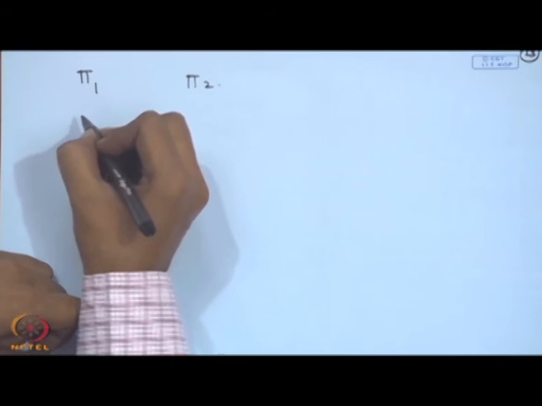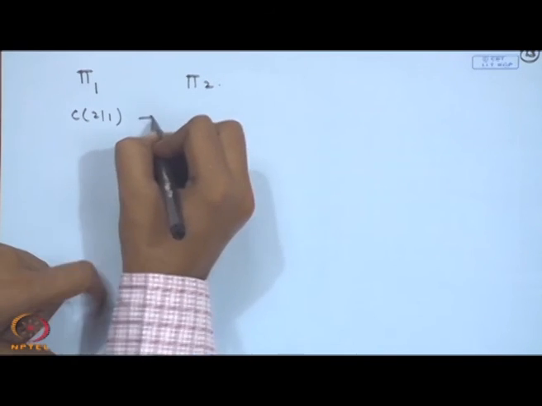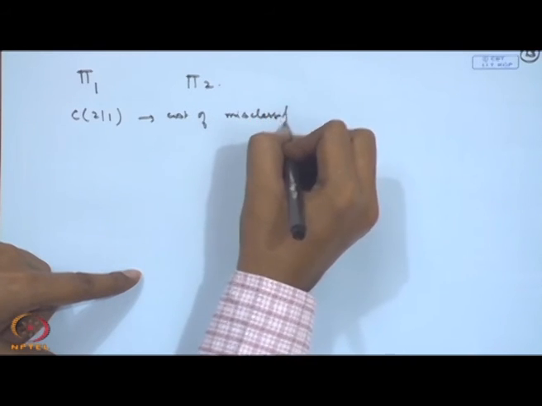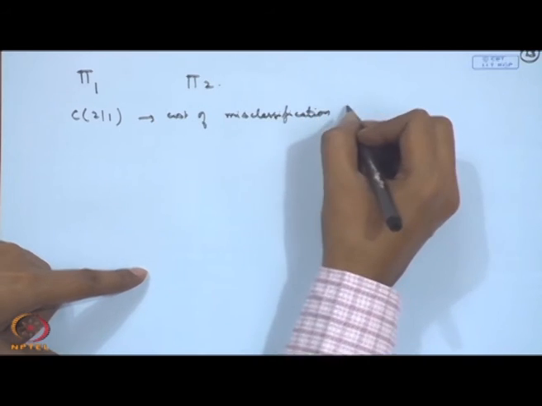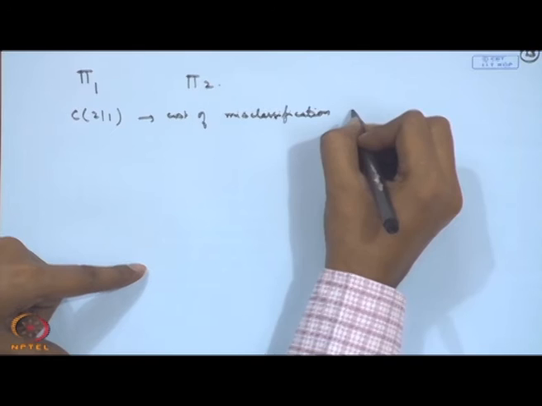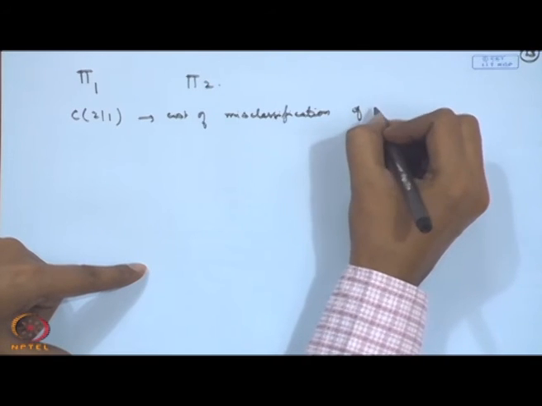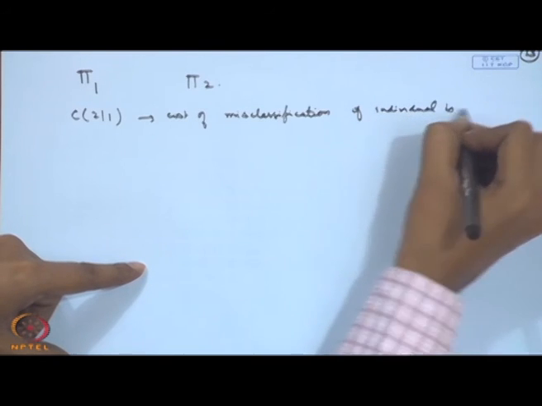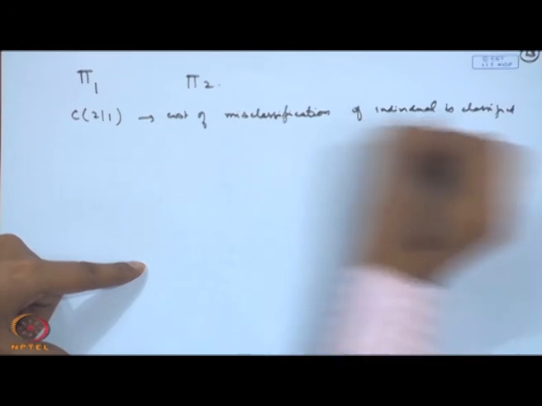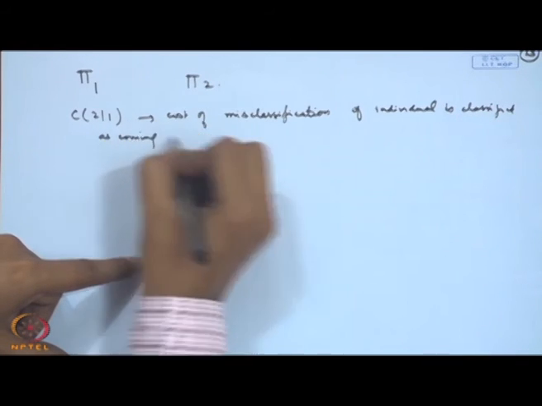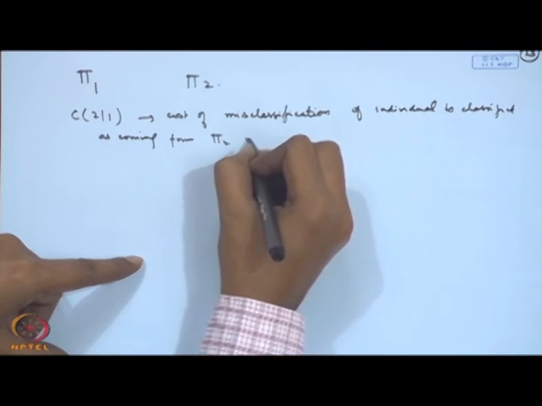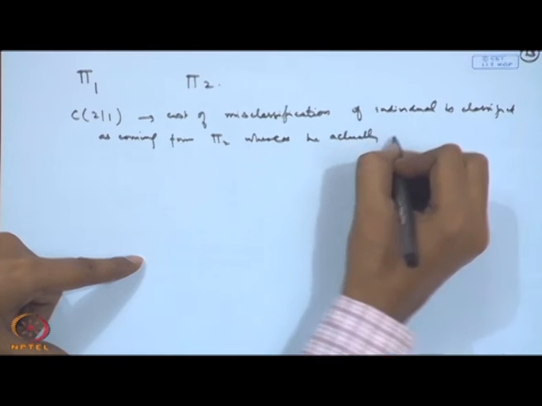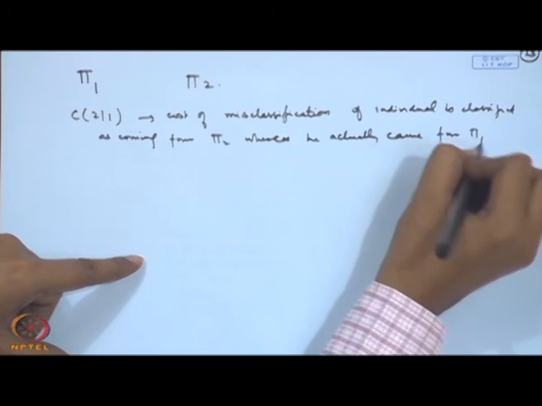So, we may consider C 2 1 as the cost of misclassification if an individual is classified as coming from pi 2, whereas he actually came from pi 1.